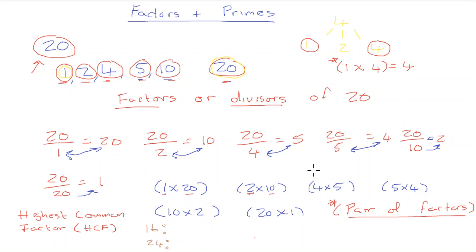Now, if we think about all of the factors of 16: 1 is a factor of 16, 2 is a factor, 4 is a factor, 5 isn't, 6 isn't, 7 is not a factor, 8 is a factor, 9 is not, 10, 11, 12, 13, 14, 15 aren't, and then 16.